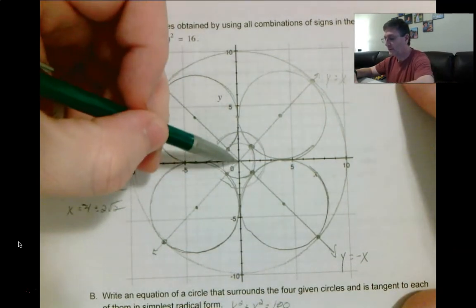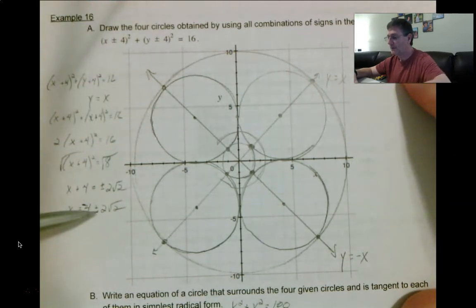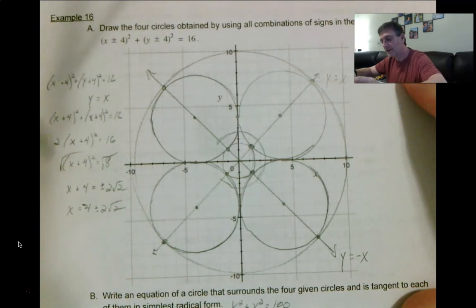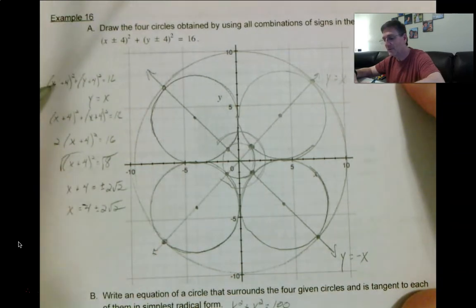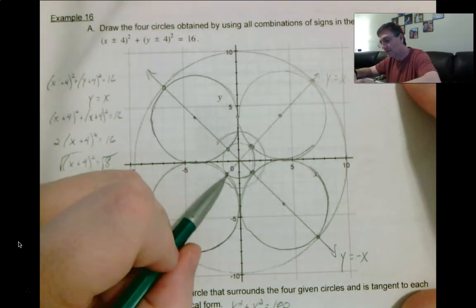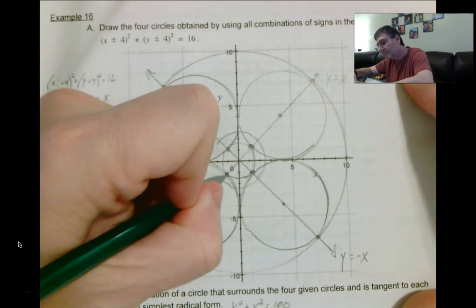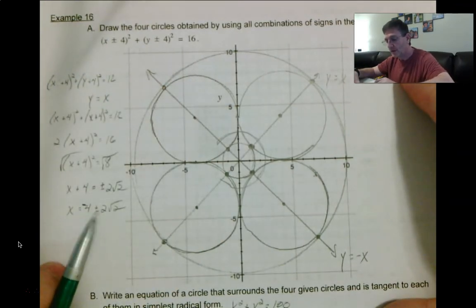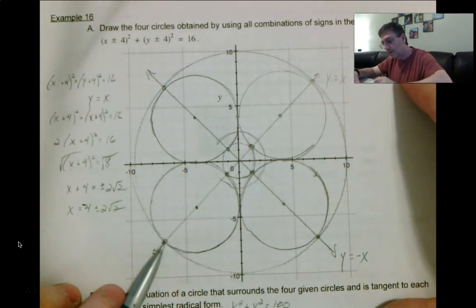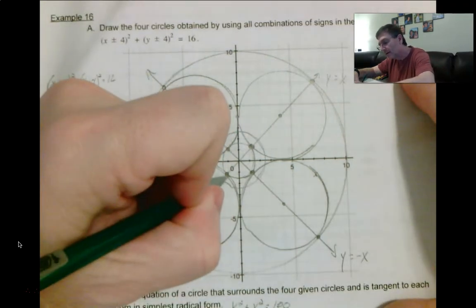Sorry, that's this point. I'm doing this one down here. I grabbed the wrong equation. Doing this one, and we found this point right here. So negative 4 plus 2 square root 2 is going to come out here.